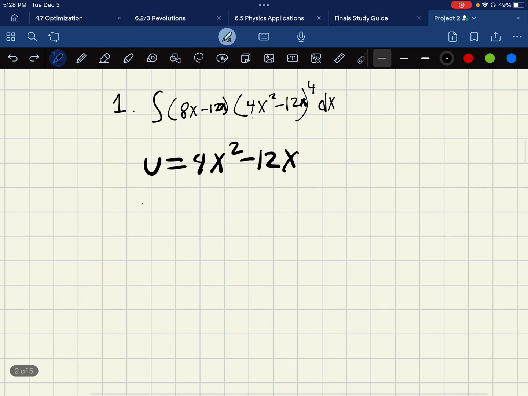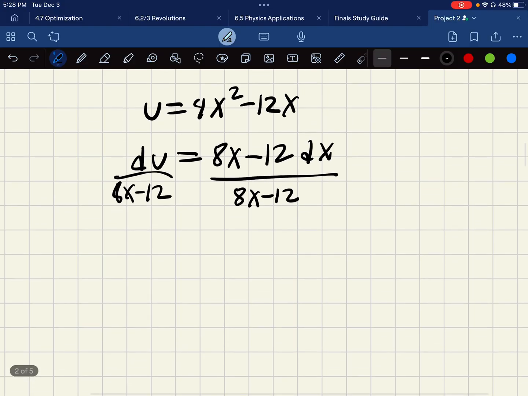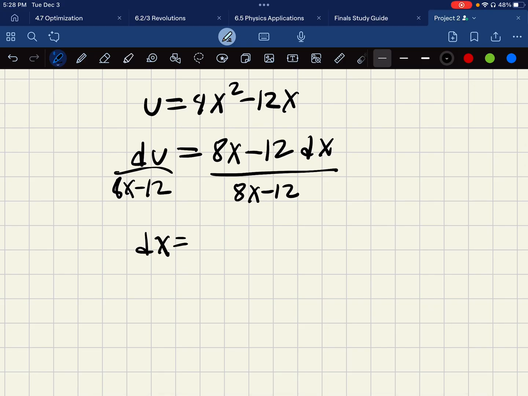Now we need to find du, which is equal to 8x minus 12 dx. Since we also want to substitute for dx, we need to find dx. So we divide both sides by 8x minus 12. So we get dx is equal to du divided by 8x minus 12.